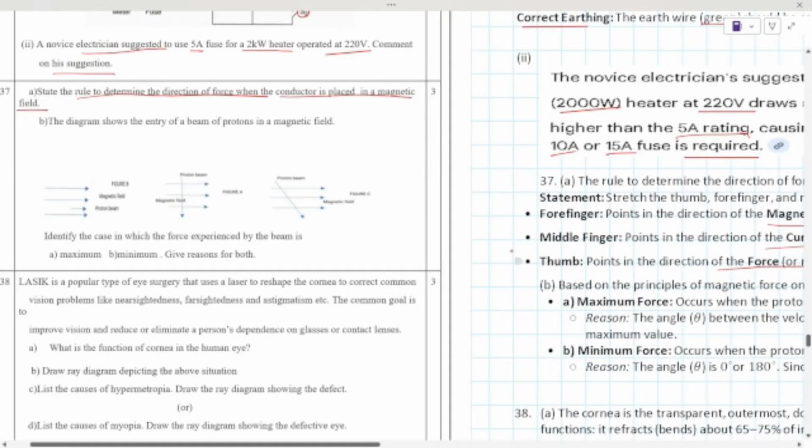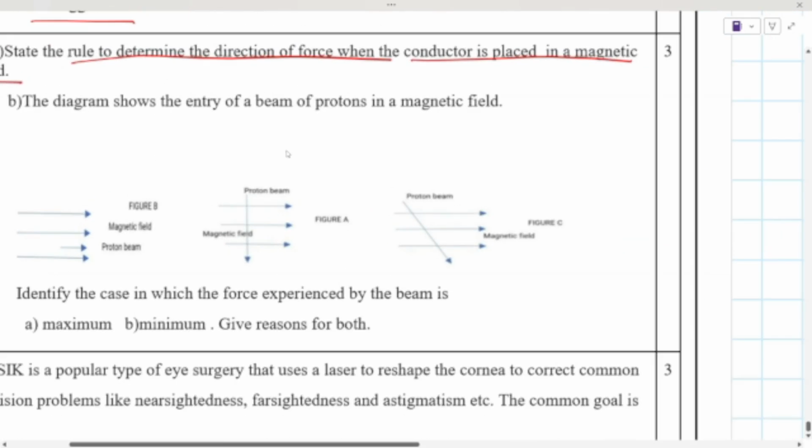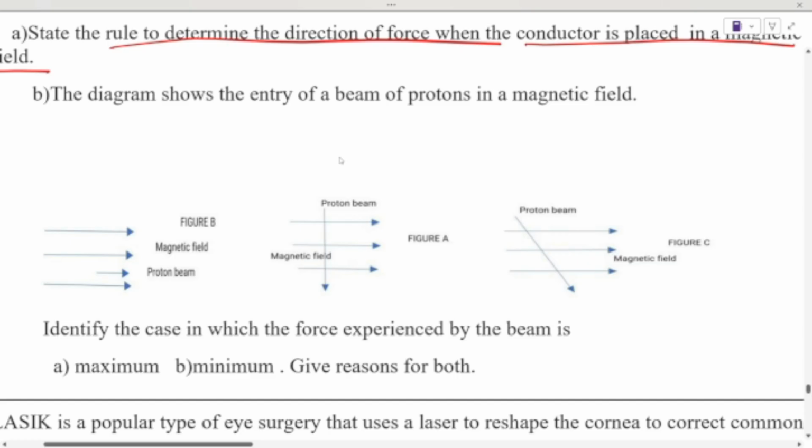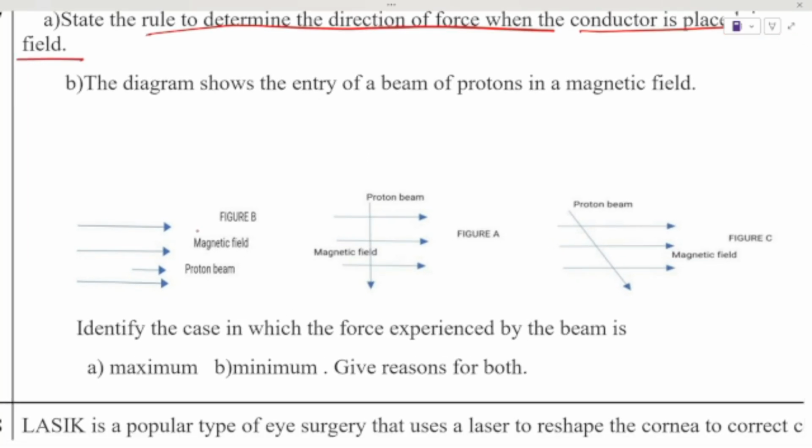Now let's see the diagram. So the magnetic field here is parallel, the figure is shown. The current is vertical, and you can say the angle between them is here 0 or 180.